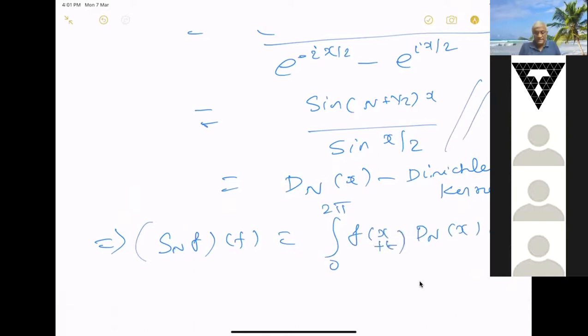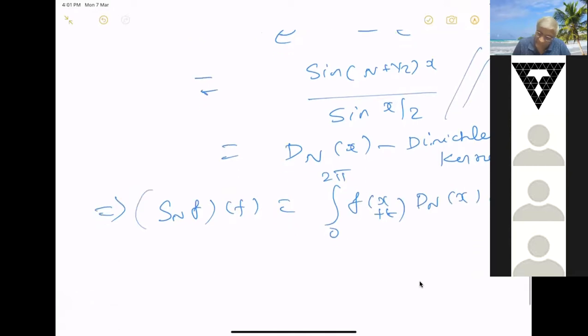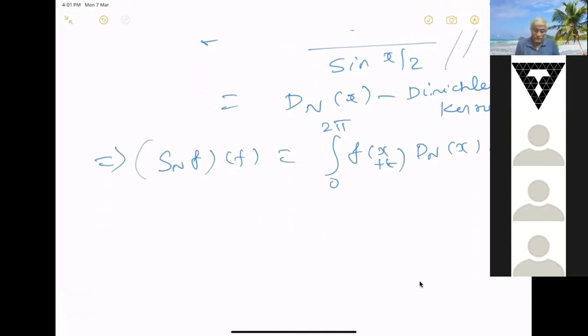Okay, f of x plus t Dn x. It's fine. Okay, so this is what we have. Now we want to show that this diverges at t equal to 0 for some function. We don't explicitly produce the function. We will use the uniform boundedness principle to show this. So for that we need the following lemma.